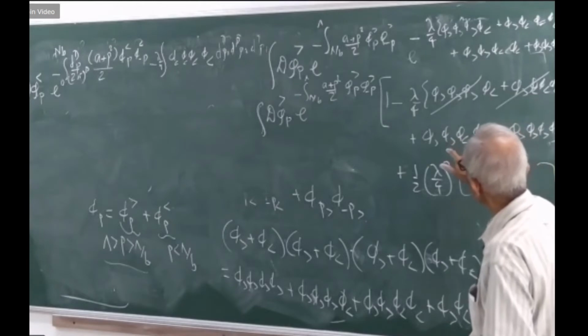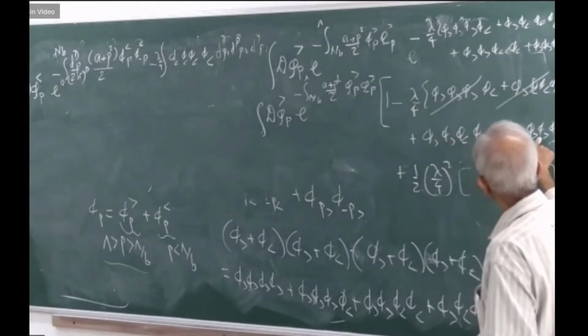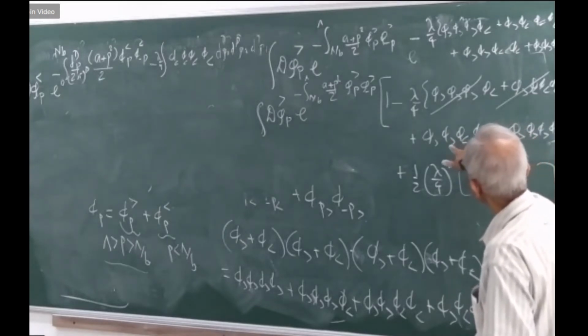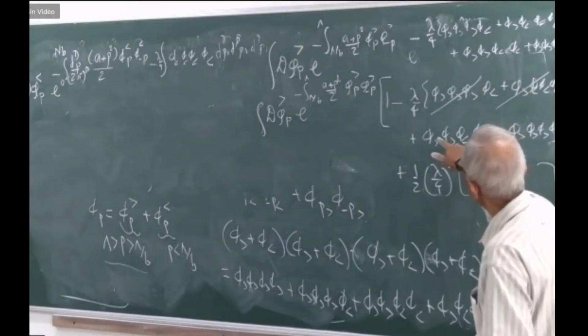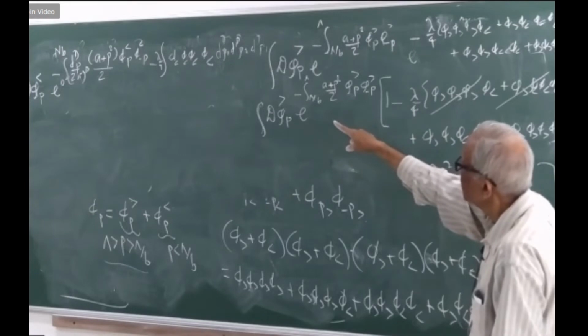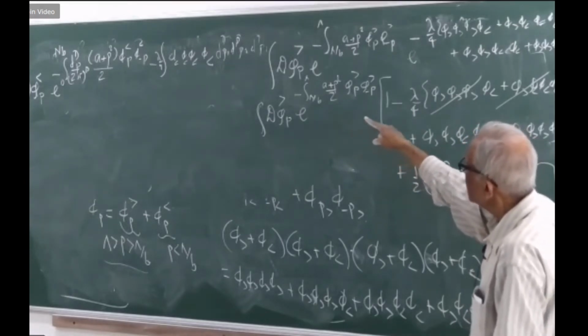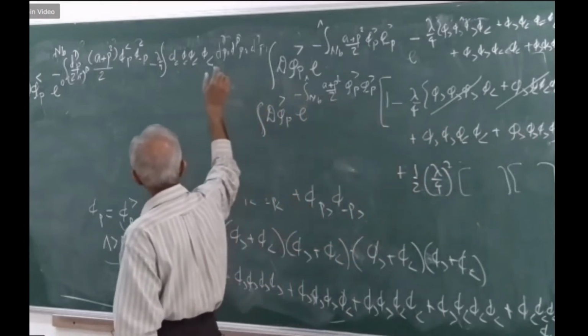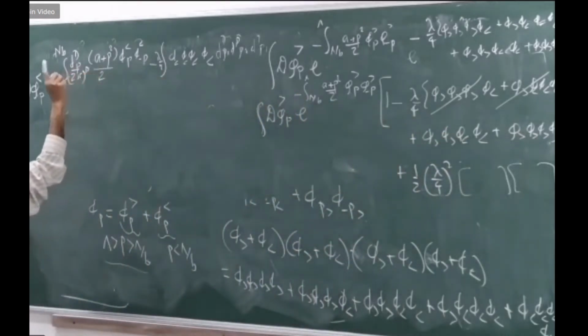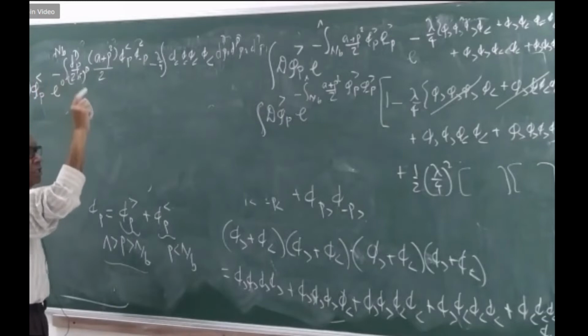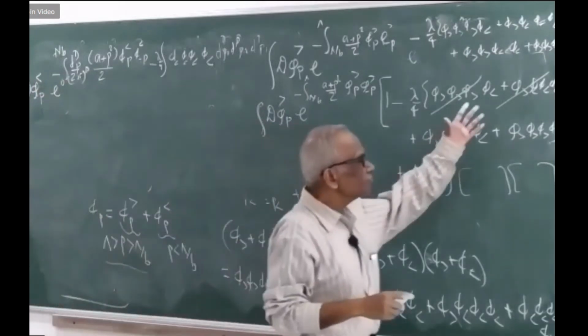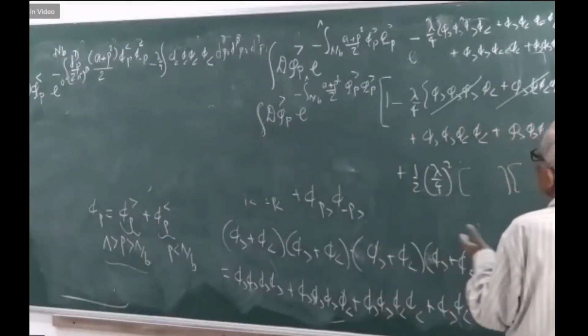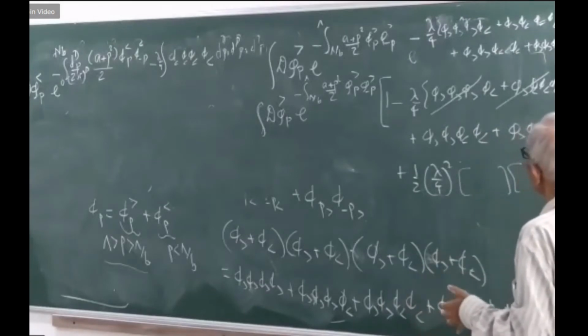There is a difference between this term and this term. This term is going to give me back phi less, which will have to go over there. That is, the phi less that you pick up from here is going to change the coefficient here. But this term, which is phi greater, is just a number and I'm not worried.